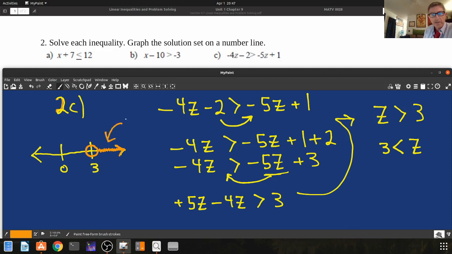And you don't have to write this, but I'm just doing it to explain. If z lives in this area, then that value of z makes this inequality true. So again, this is a graphical representation of the solution set of this inequality. Okay.